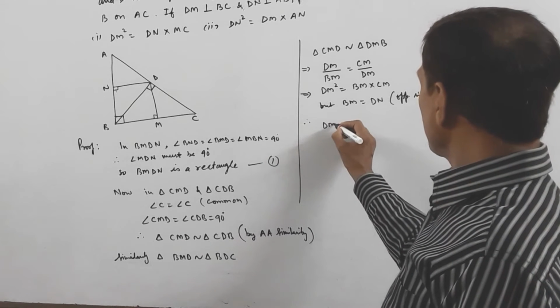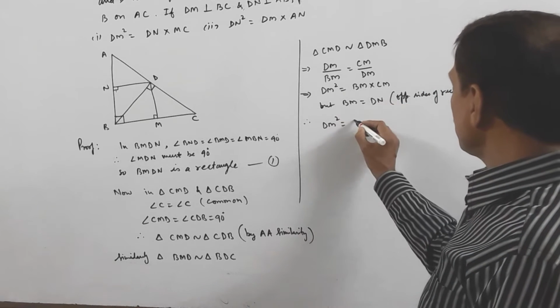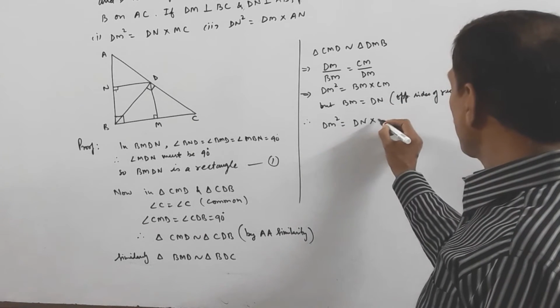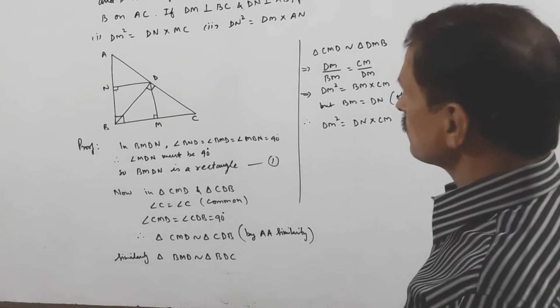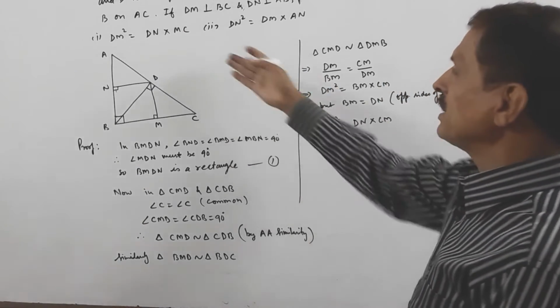Therefore, DM square is equal to, instead of BM we can write DN cross CM. First part is true.